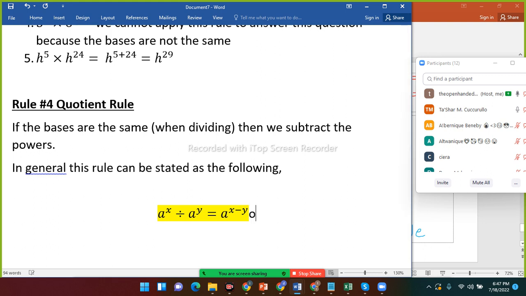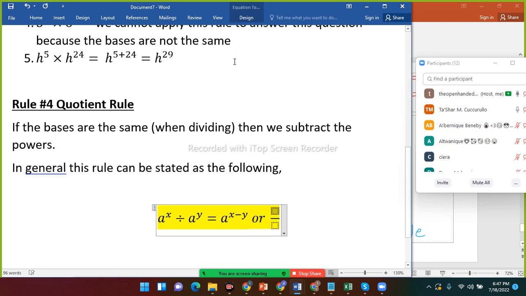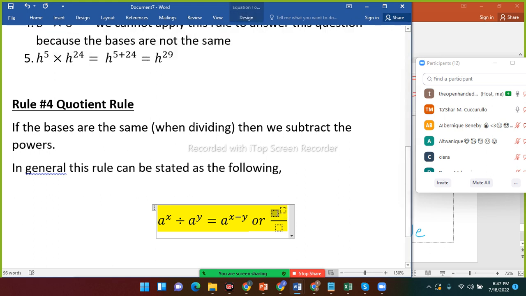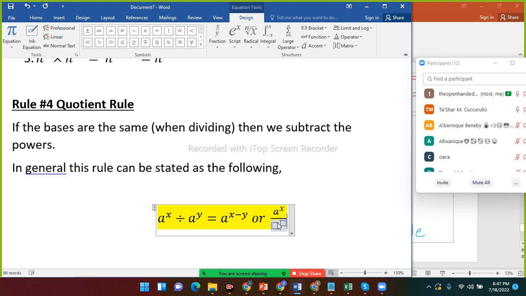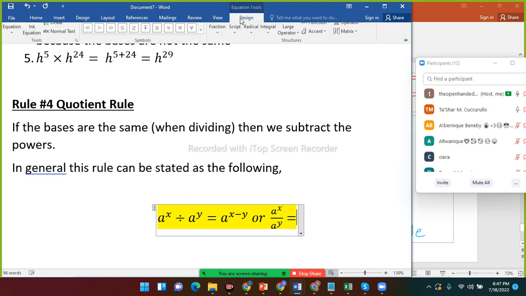Or, because we know we can write division as a fraction, we can have it as a to the x over a to the y, which is equal to a to the x minus y.